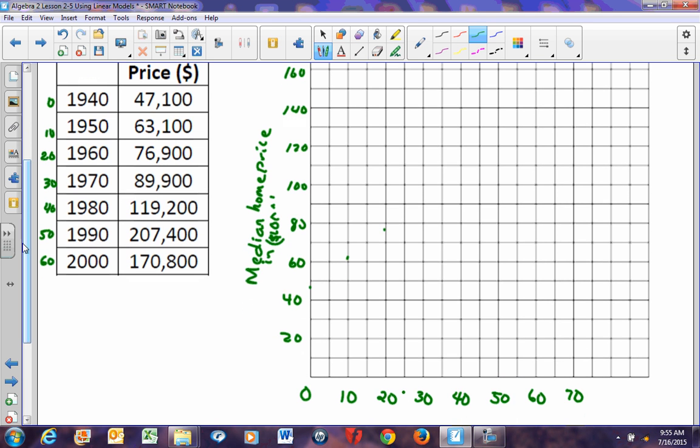All right, so where were we? We have 1940, 1950, 1960. What's 1970, which is 30, 90,000. 30 and 90,000. And then we're going to do 40 and almost 120,000.